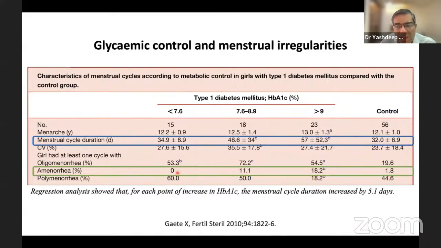Less than 7.6 is nearly close to that control. But as we move to insufficient or poor control, the degree of amenorrhea also increases, which again shows that poor glycemic control is associated with menstrual irregularities. As the A1C worsens, there is a marked increase in the menstrual issues. Another point from the regression analysis is that for each point of increase in A1C, the menstrual cycle duration increased by 5.1 days.